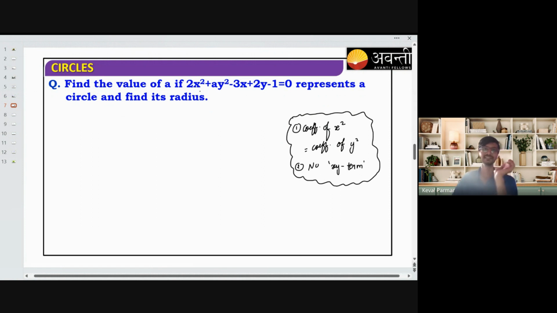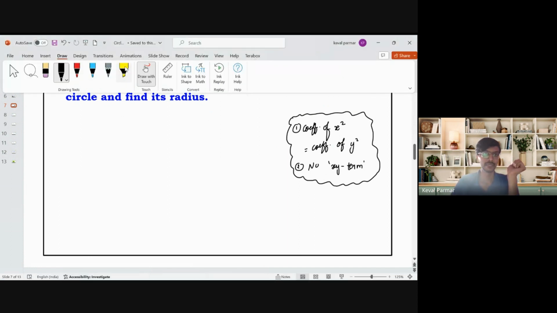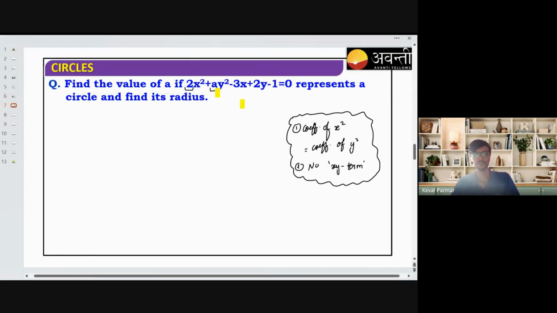So here, what is the coefficient of x square? It is 2. What is the coefficient of y square? It is a. Is there any xy term? No. We have the x square term, the y square term, the x term, the y term, and the constant term. There is no xy term.